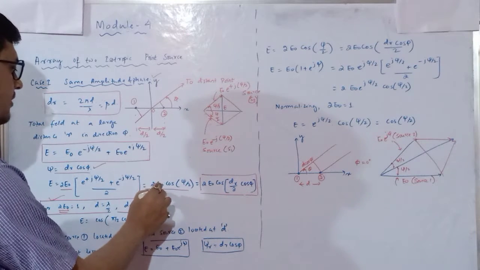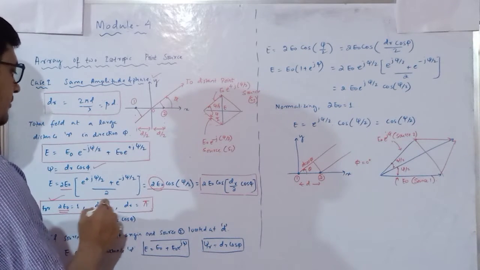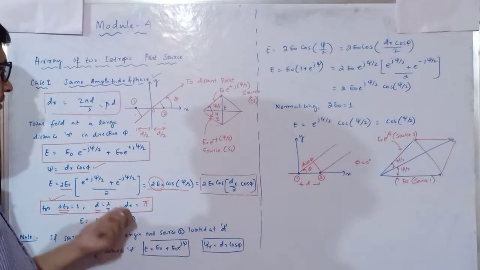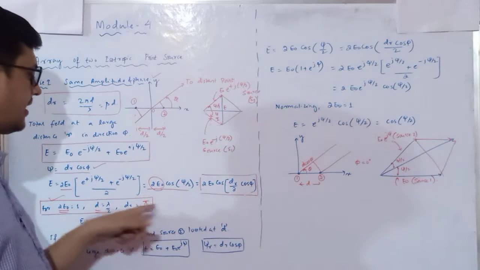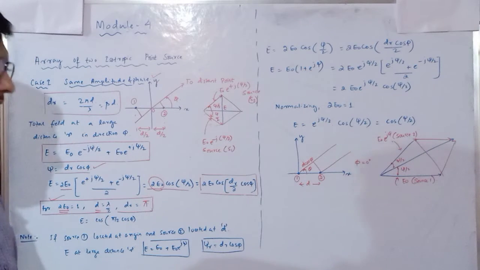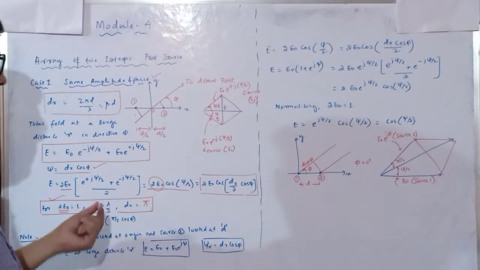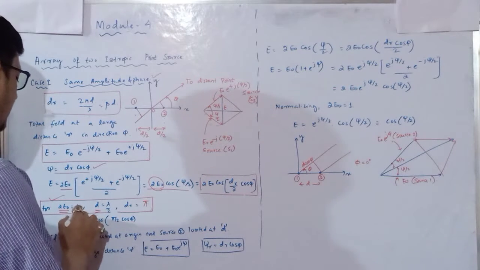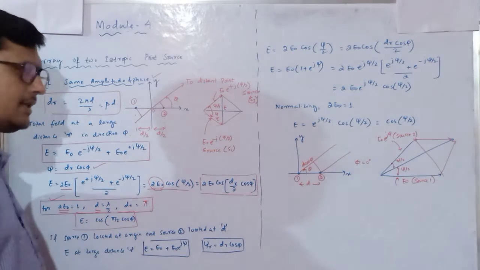So if twice E naught is 1 and d is equal to lambda by 2, then beta d is pi. If you substitute this, you will get E is equal to cos of pi by 2 cos phi. So this is the one condition through which we can identify the pattern.